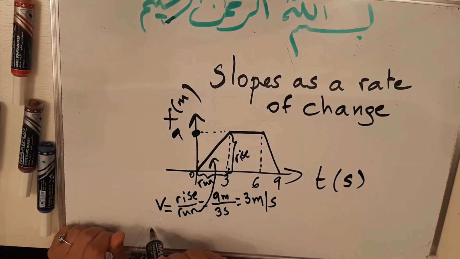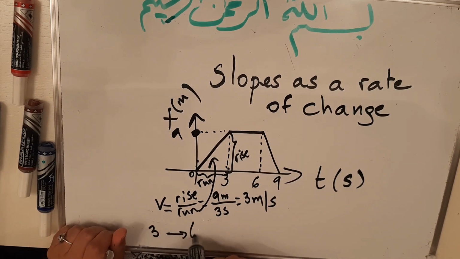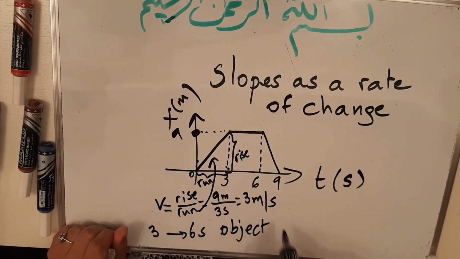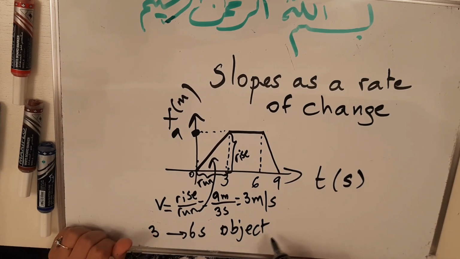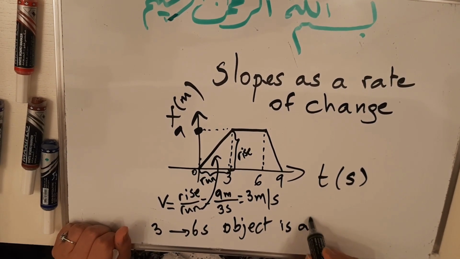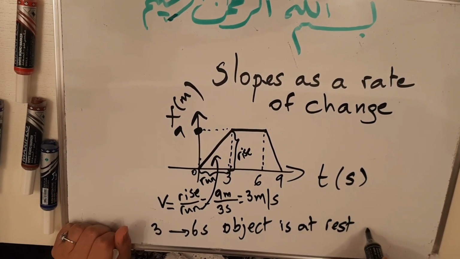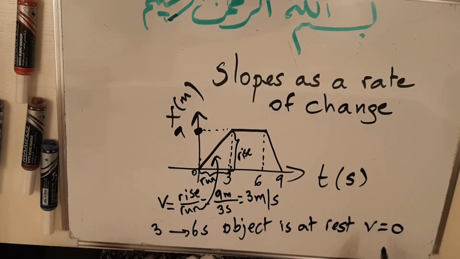Here, from 3 to 6 seconds, the object is not moving, or what is another word, it's resting, just at rest. Or the velocity v is going to be 0.